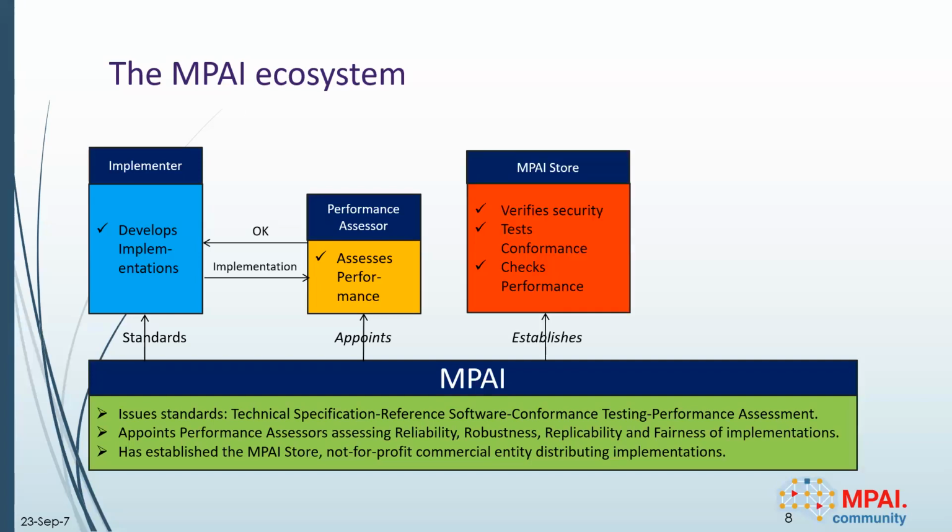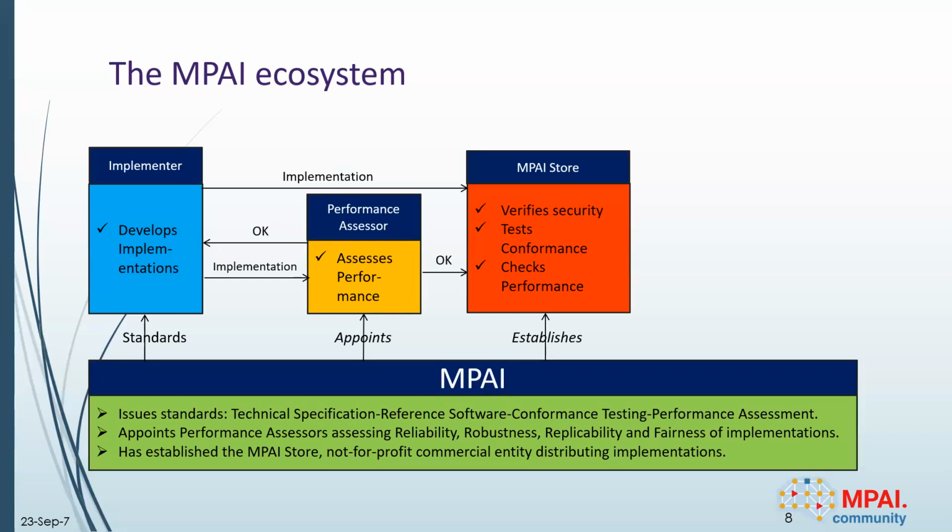Then let's see what happens with the MPAI Store, whose role is to verify security, test conformance, and check performance. The performance assessment is not actually carried out by the MPAI Store, but is information that it receives from performance assessors.